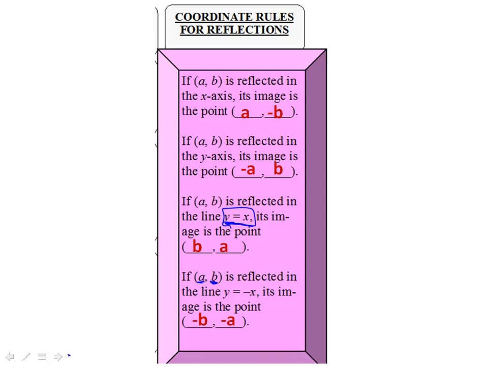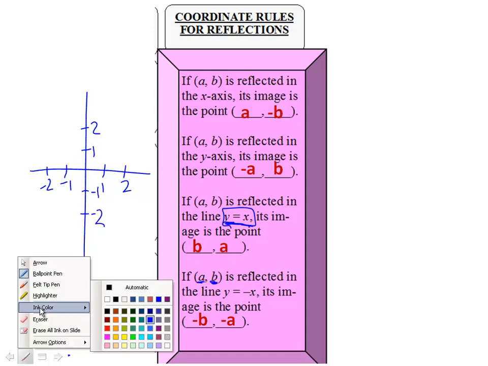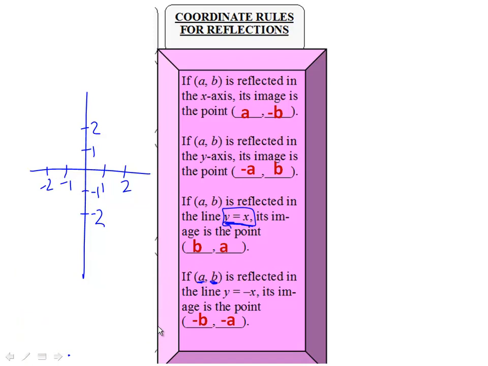And before I move on, I just should show you quick here what that line will look like. So here's my coordinate plane again. And if I wanted to do y equals the opposite of x, well, if y is 1, x is going to be negative 1. Okay? If y is 0, x is 0.